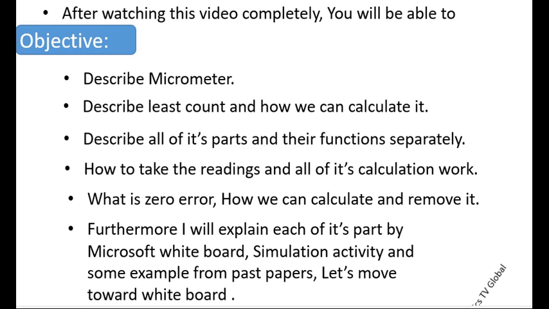And you will be able to know well about the zero error, where this error exists, how we can find it in this device, and how you can remove it after simple calculations. Furthermore, I will also take some questions from past papers to explain it well and make you perfect in this topic.